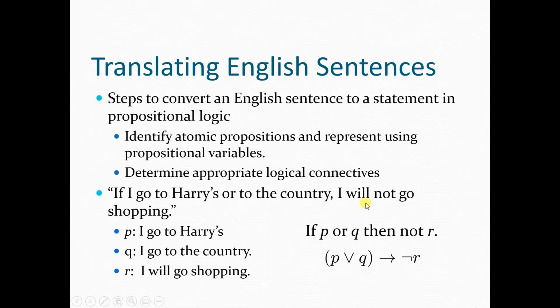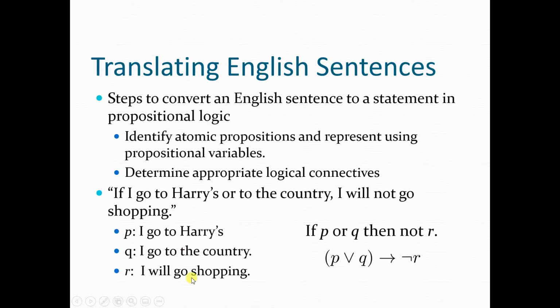I will go shopping: I will not go shopping is actually the negation of this statement. This is another statement, and let's assign variable R to it. So this is how we identified atomic propositions and then assigned variables to them.